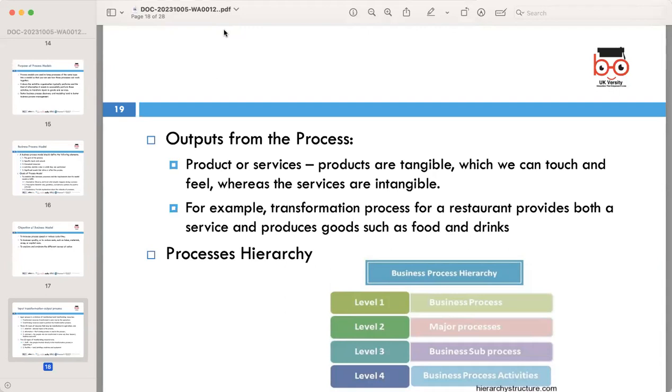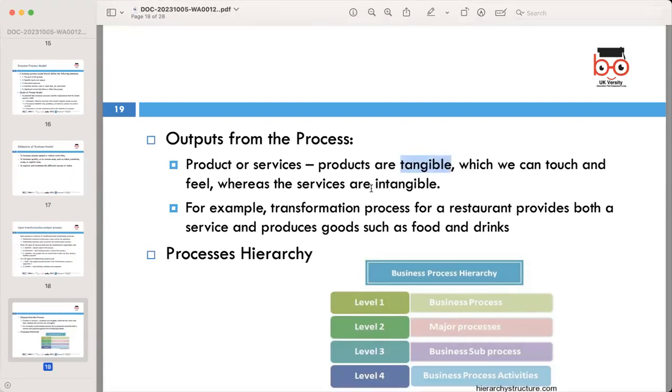Okay, so products or services. Products are tangible, which we can touch and feel, whereas services are intangible. Do you understand the meanings of tangible and intangible? No, I don't understand. Tangible products are ones you can see, like your business, which provides tangible products, meaning that we can see your products.